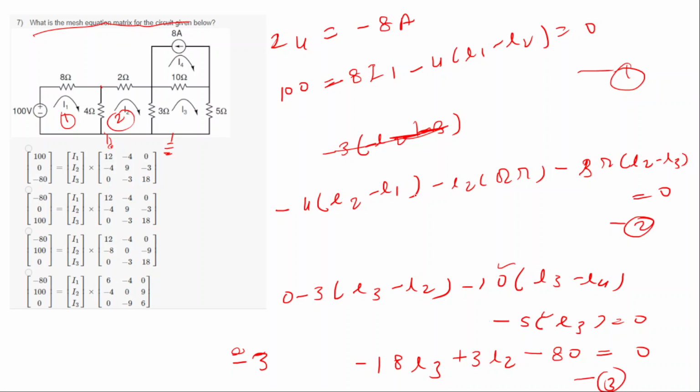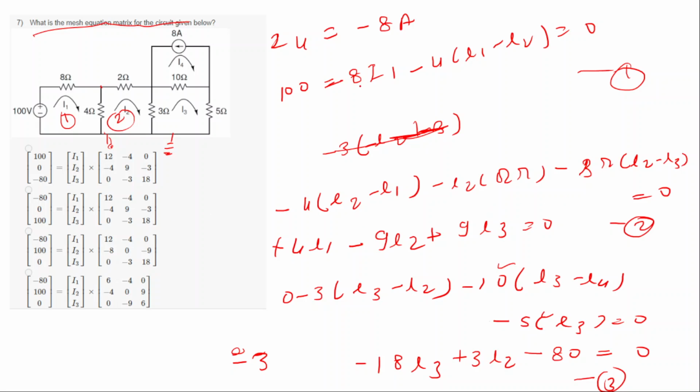So let's rearrange these equations also. So it will be minus 4 times I1 plus 4 times I1, and 2 becomes 6 and 3 becomes 9, so 6 plus 3 is minus 9 times I2, plus 3 3 are 9 times I3 equals 0.